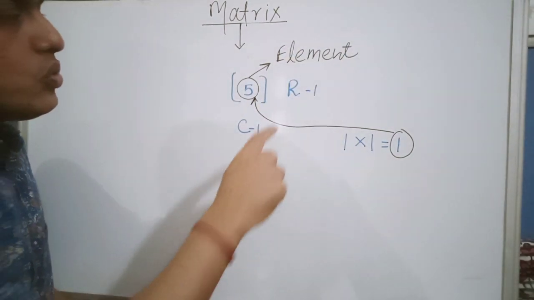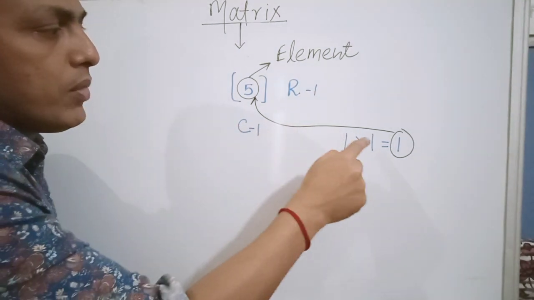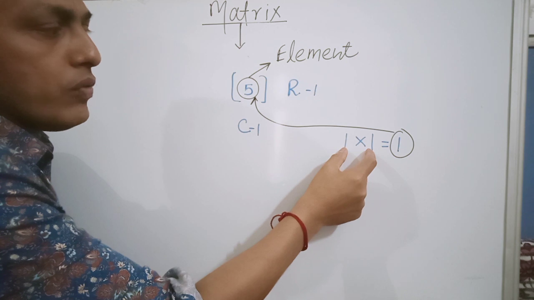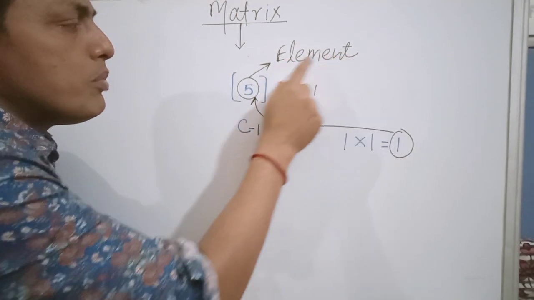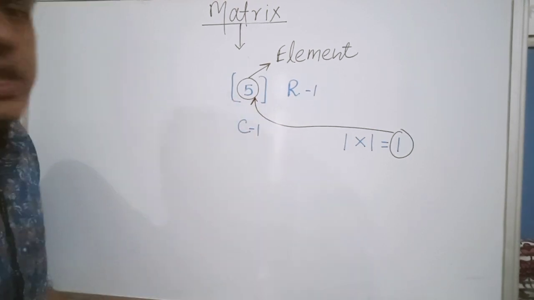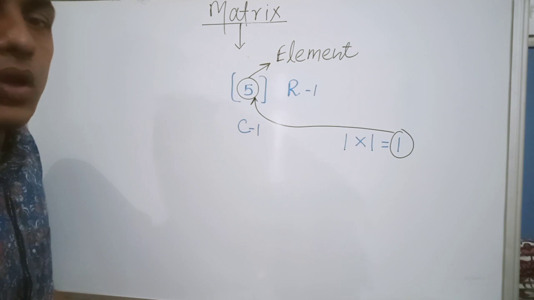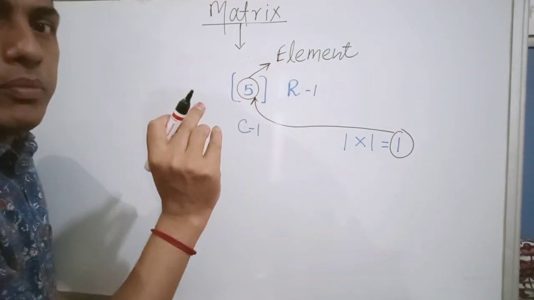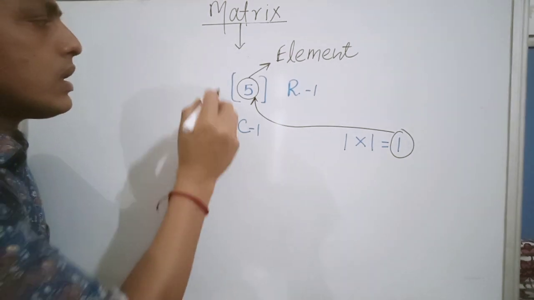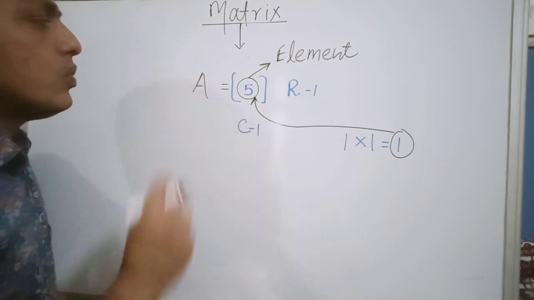So the number of rows 1, number of columns 1, the product of these numbers is 1. It means how many elements will be there in this matrix, that is 1. Alright, so we have the smallest matrix.